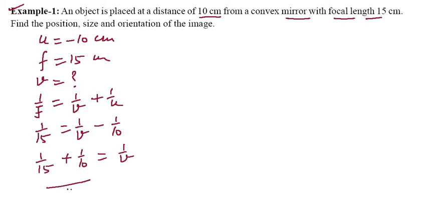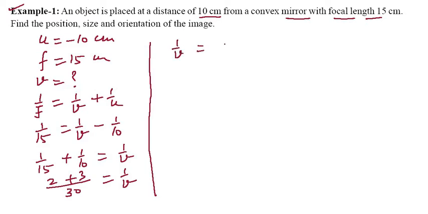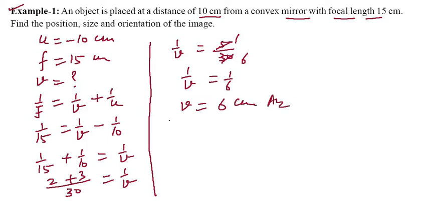Taking the LCM, LCM is 30. So 1 upon v is equal to 5 upon 30, which is 1 upon 6. So v is equal to 6 centimeters. So that one is your answer.